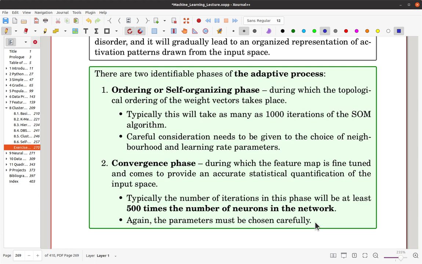However, once you have a good self-organizing phase and convergence phase, so that you get a good convergent result, then it is quite good for understanding the data, and also for visualizing the key components in the data set. That's the reason people enjoy SOM.